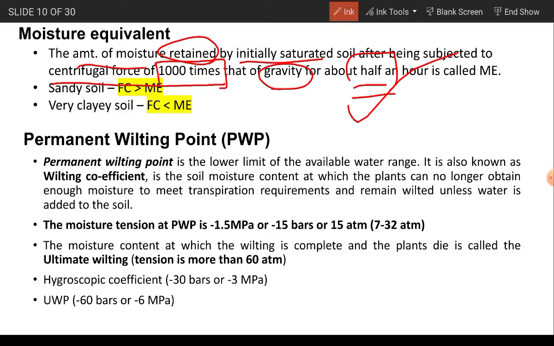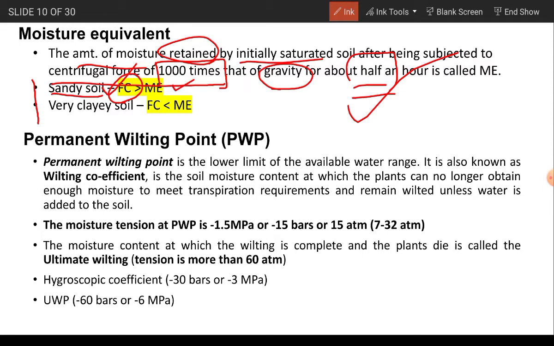For sandy soil, the field capacity is more than the moisture equivalent. Because when you give a force of 1000 times gravity, the soil particles in a sandy soil can't withhold more water. So the moisture content at field capacity is more in sandy soil than the moisture equivalent.